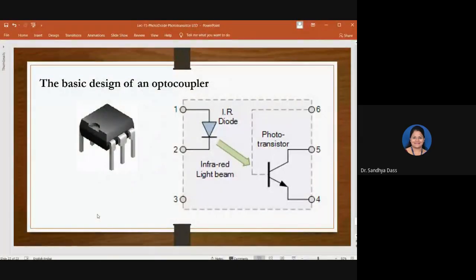That is all about the photodiode, LED, and optocoupler. I hope that is clear. If you have any discussion or any point to repeat here, I can do it. Are there any questions from your side on these topics?